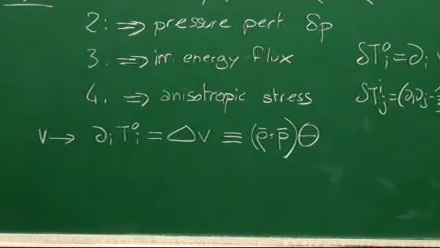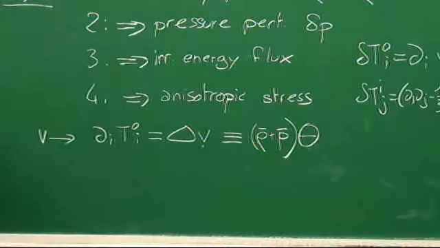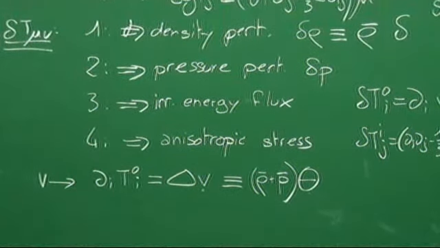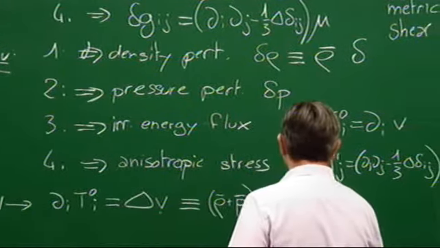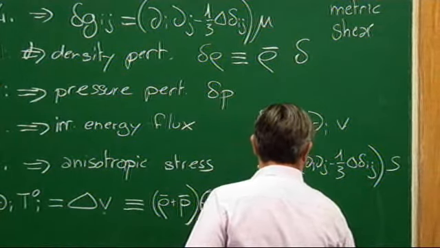It's absolutely equivalent to deal with V or with theta, since they are related just through a Laplacian and a factor. But theta is the one usually employed, and it is usually called the velocity divergence.